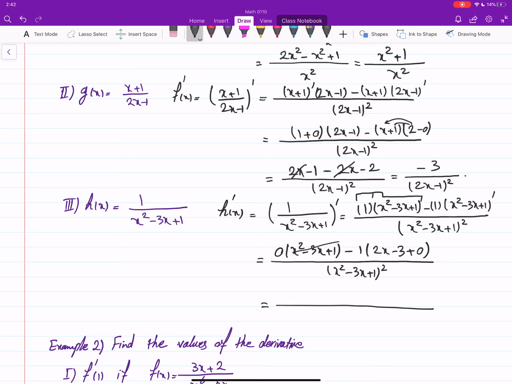The first part just goes away, 0 times that. Then the numerator will be minus 1 times (2x minus 3), so it is negative 2x plus 3, over (x squared minus 3x plus 1) squared. And that is the derivative of that function.